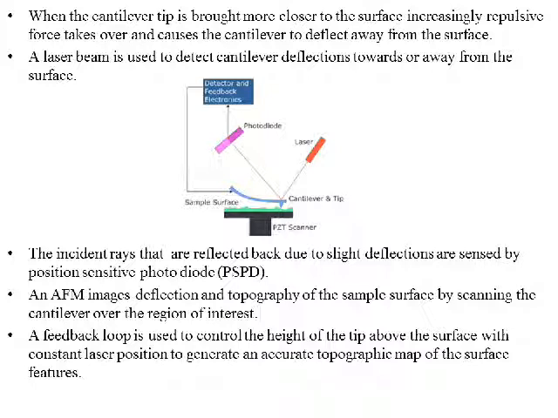This PSPD will sense the reflected deflections and send those incident ray values to the detector and the feedback electronics. The AFM image deflection and topography of the sample surface scanned by the cantilever will depend upon the area of interest.